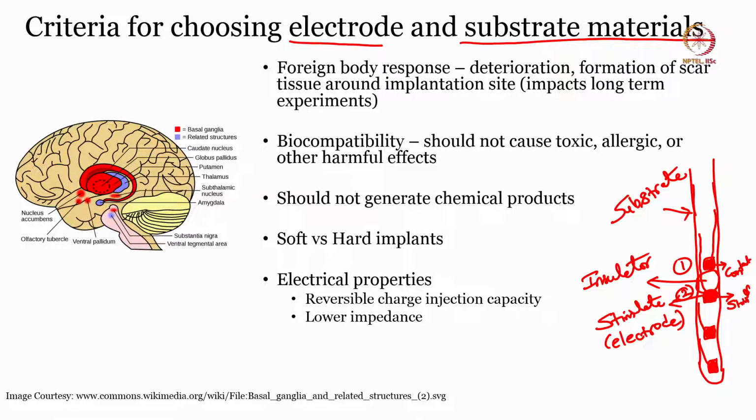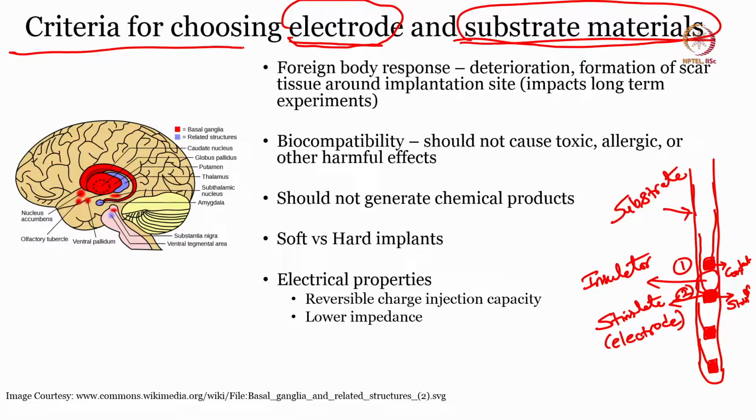Are you getting it? This is how the structures are, but what kind of materials can I use? Is there any criteria, or can I choose randomly whatever I want? The answer is yes, there is a criteria for choosing the electrode and the substrate materials.